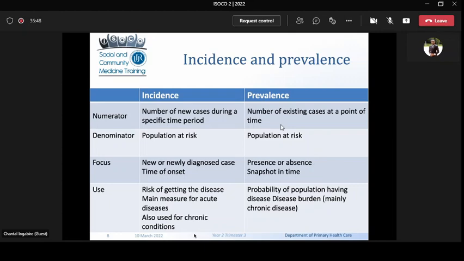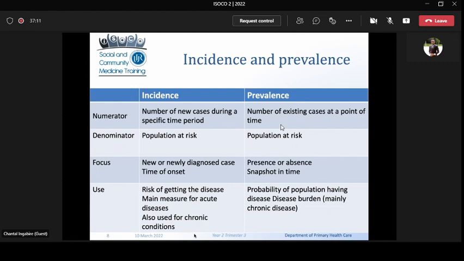But when we are having a cohort study, where we follow people and see who are going to become infected with HIV, that is what we call incidence. And the denominator will always be the population at risk for both the incidence and the prevalence.